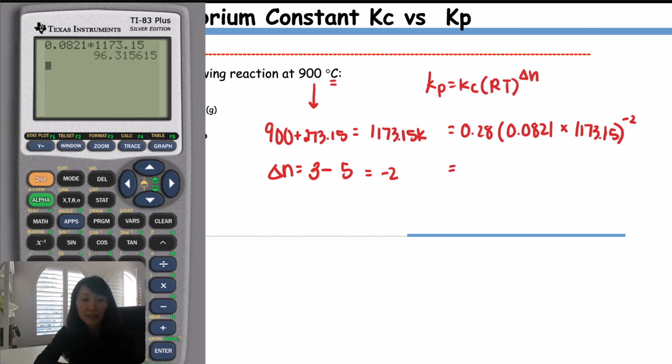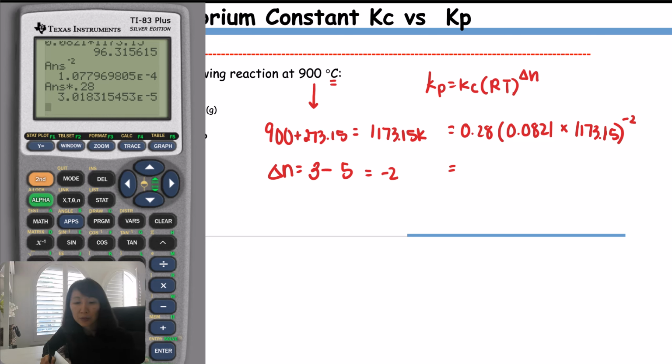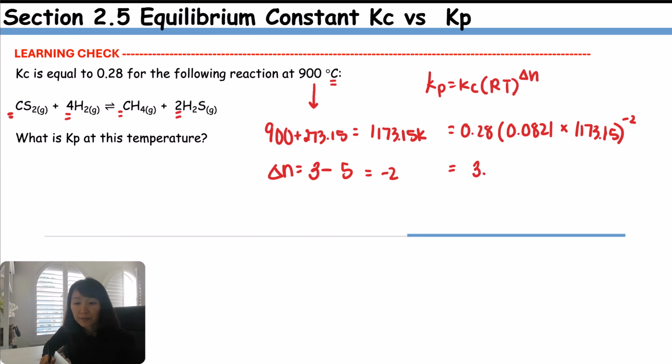And then this right here is to the negative second power. And then I'm going to multiply by the 0.28. So that gives me 3.01. I'm going to keep it as 2 sig figs, so 3.0 times 10 to the negative 5. And that's my final answer for the equilibrium constant for pressure.